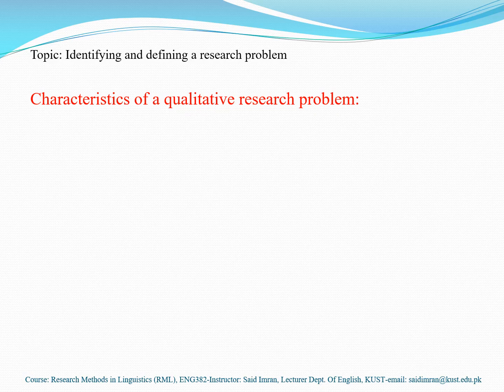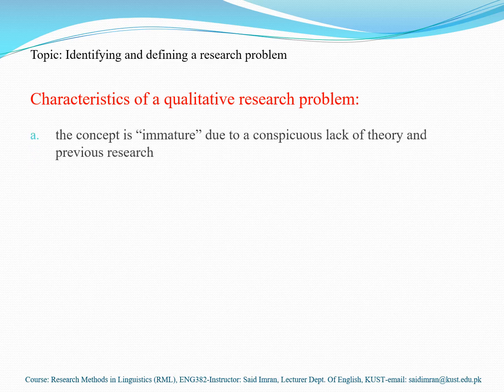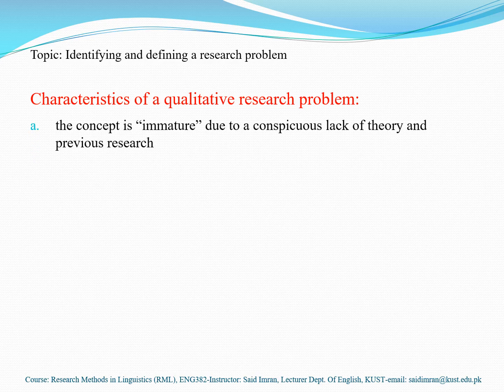Now, what do we mean by characteristics of a qualitative research problem? What are the characteristic features of a qualitative research problem? When the concept is immature due to a conspicuous lack of theory and previous research.